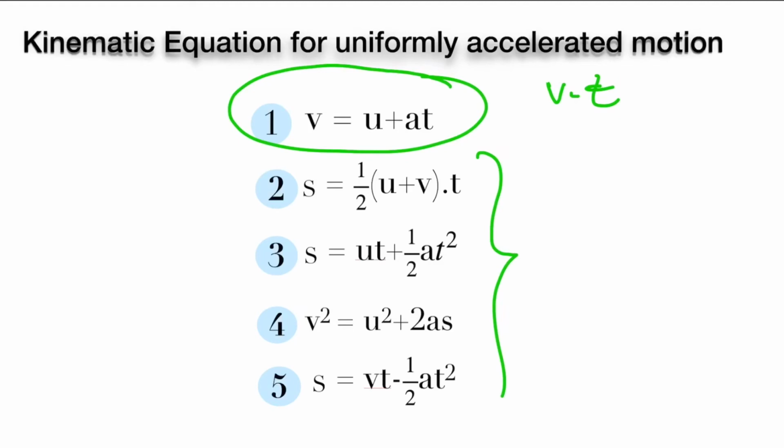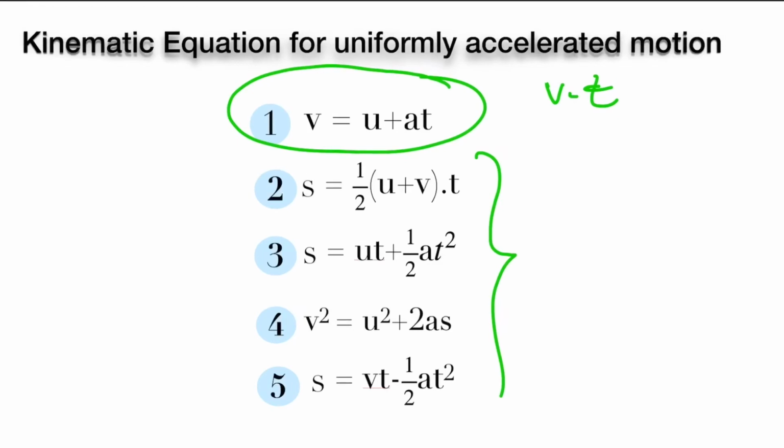Now you might have seen that by different methods we are deriving the same equation or different equations also, right? So that all depends on how you want to derive it, by using which method of finding out the area under the curve, and it leads to the derivation of different equations.